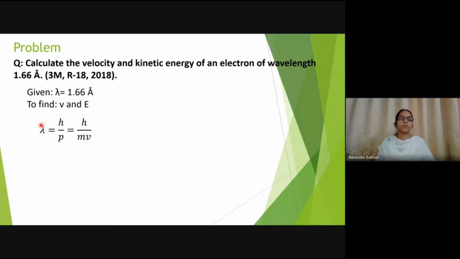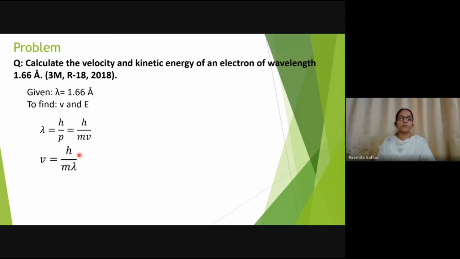Now using the formula lambda is equal to h by p, or h by mv. h is the Planck's constant, which is a known quantity. m is the mass of the electron, that is also a known quantity. Lambda is given, we need to find out v. So our job is done, right? v is equal to, just by shuffling this, taking v to this side, v is equal to h by m lambda.